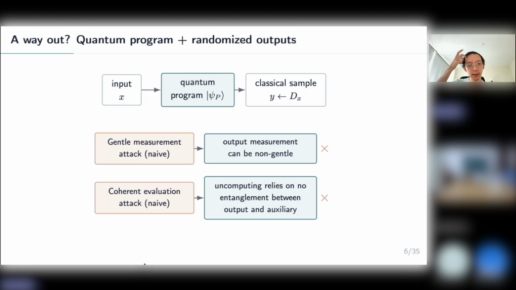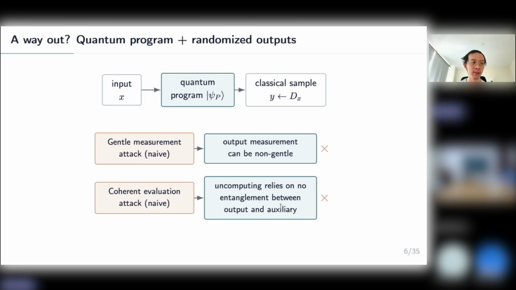And similarly, for the coherent evaluation attack, in order to argue that you uncompute and then get back the original program state, this relies on the entanglement being very little, if not none, between the output register and the auxiliary register, which you can just think of as the program register.